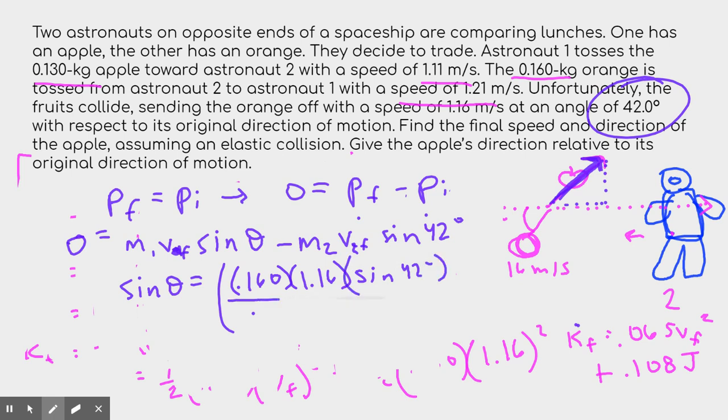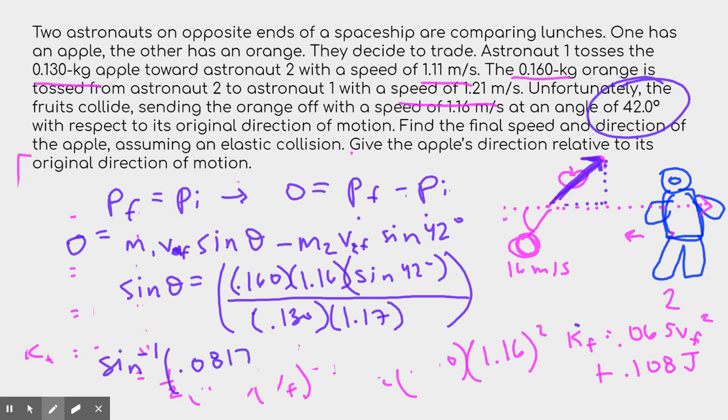That is the first part, and it is divided by 0.130 multiplied by 1.17 meters per second. You're going to end up getting the inverse sine of 0.0817, and that should give you a final answer of 54.8 degrees. So that would be the angle that the fruit moves off at, that the apple moves off at.